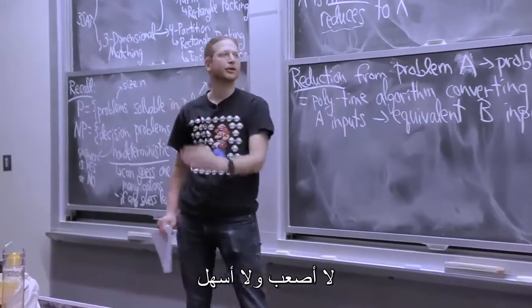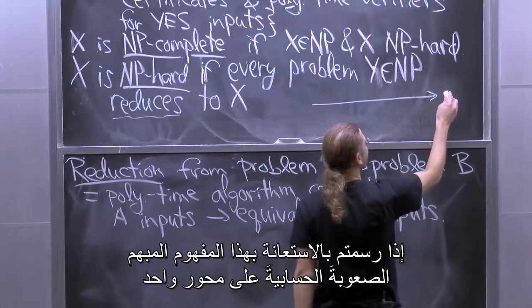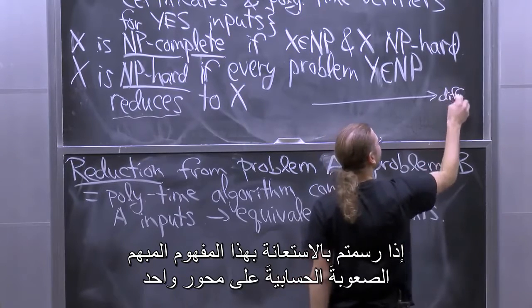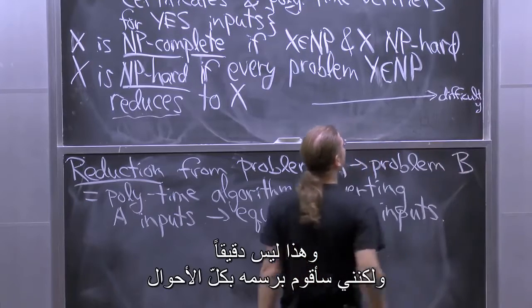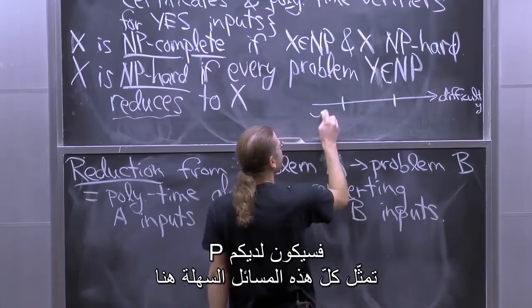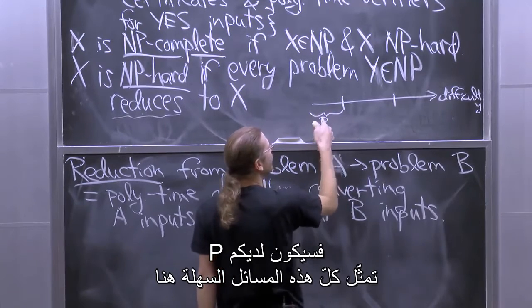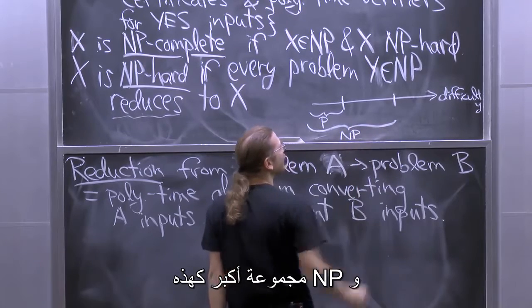No harder, no easier. If you draw, in this vague sense, computational difficulty on one axis, which is not really accurate, but I like to do it anyway. And you have P is all of these easy problems down here, and NP is some larger set like this.